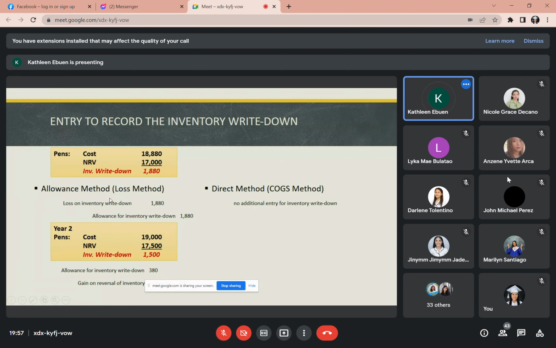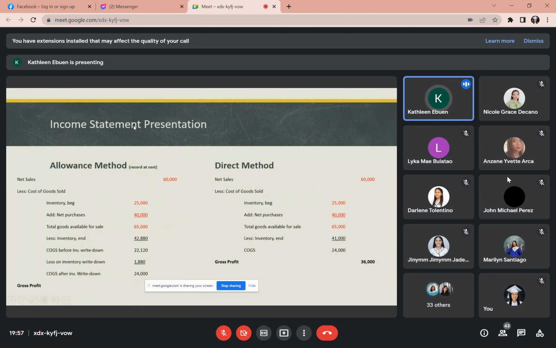Okay, so if we are going to present yan sa income statement, itong mga naka-red na numbers class are assumed numbers. So for example, we have a net sales of 60,000 and then of course ibabawas natin doon yung cost of goods sold. So we have to compute for the cost of goods sold.